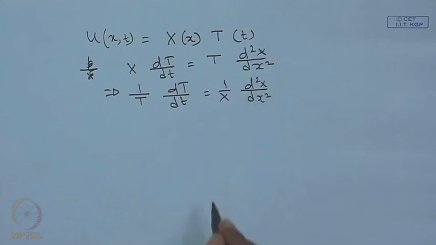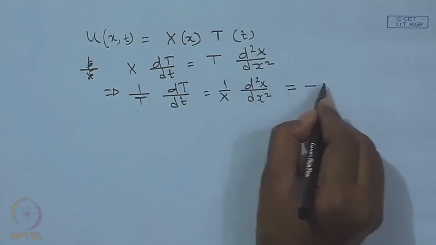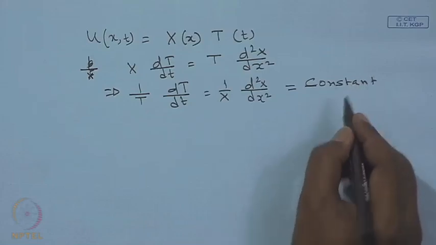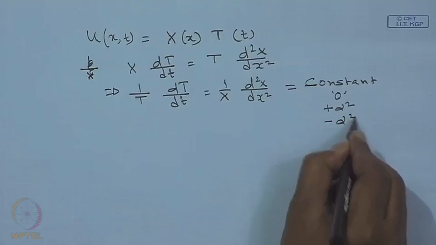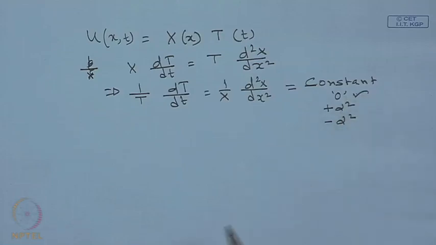So, again the left hand side is a function of time only, the right hand side is a function of space only, and they must be equal to some constant. Now, again this constant can be 0, can be positive, can be negative. We have already seen in the earlier class that if this constant is 0, it will be giving a trivial solution.